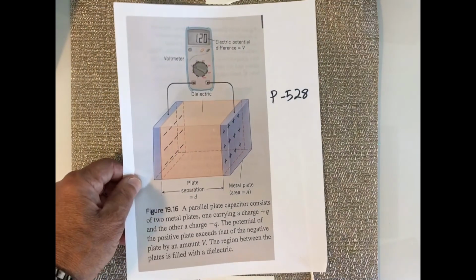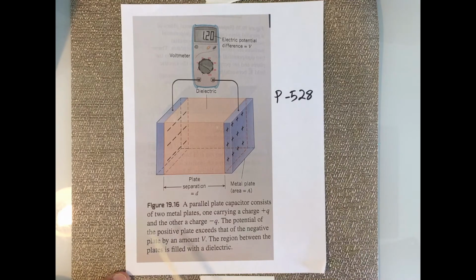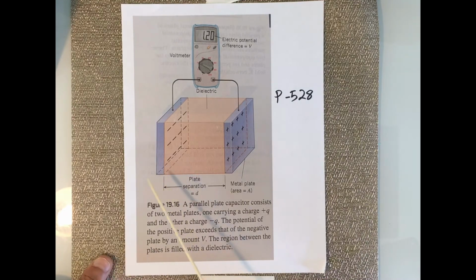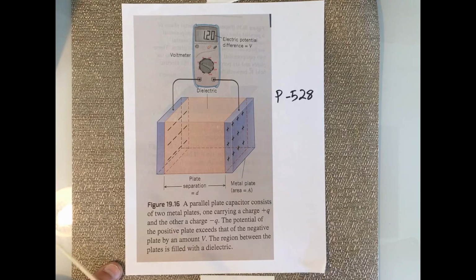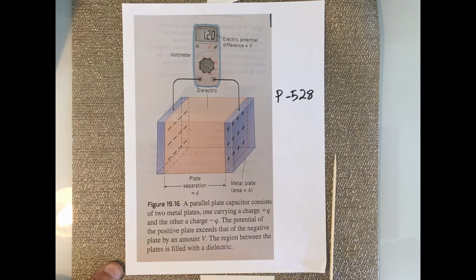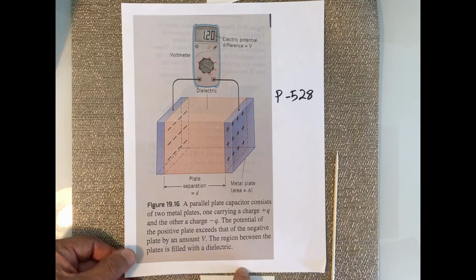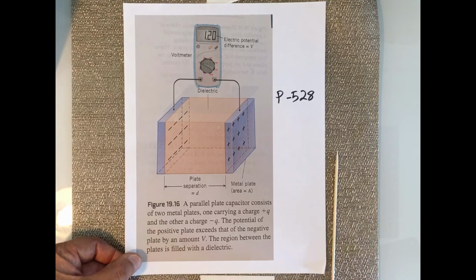I will mention to you real quick how the capacitor looks. Two metal plates, one is positively charged, the other negatively charged, and you're connecting it to an ammeter to measure the current. So the flow of charge in a capacitor controls the current. You can read yourself, and you have already done the experiment on the capacitor also.